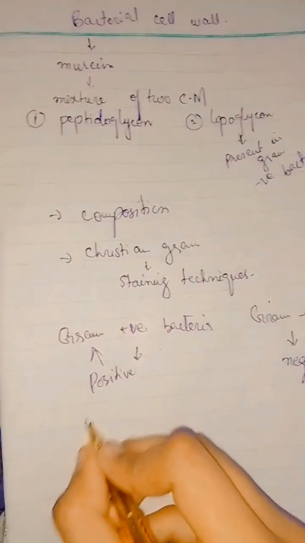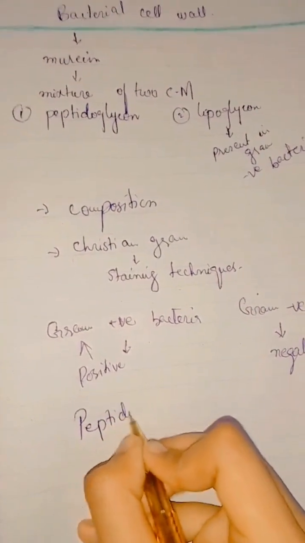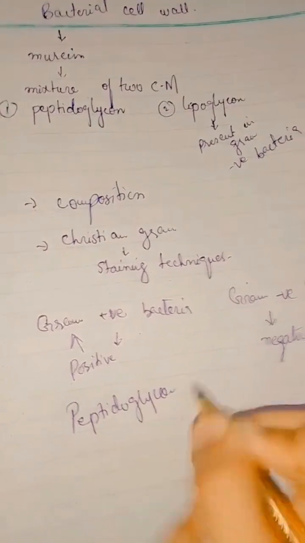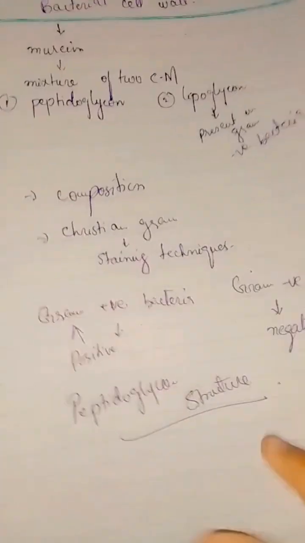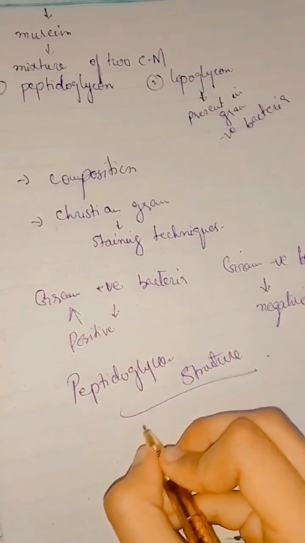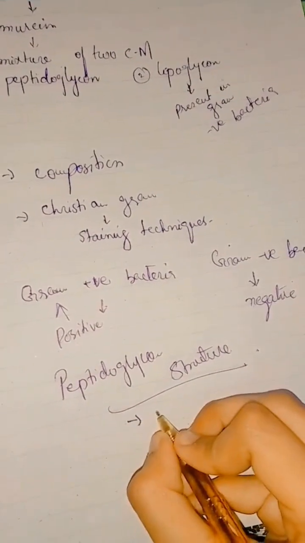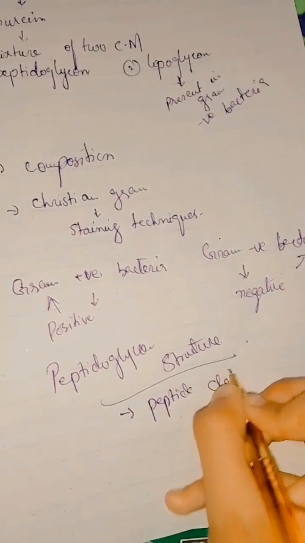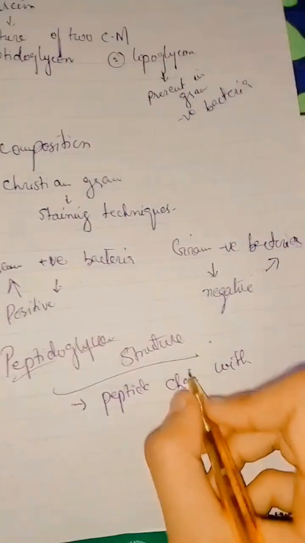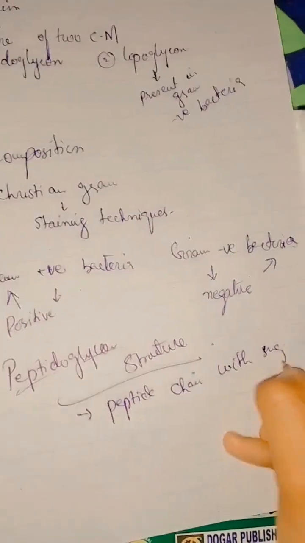Now if we talk about the peptidoglycan structure, its composition is based on a peptide chain with sugar, as in peptide and glycan. It means a peptide chain with sugar. And which type of sugar?